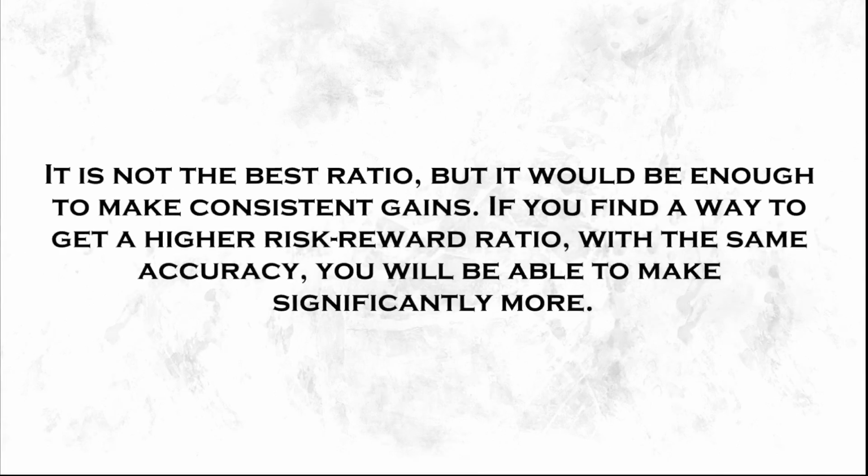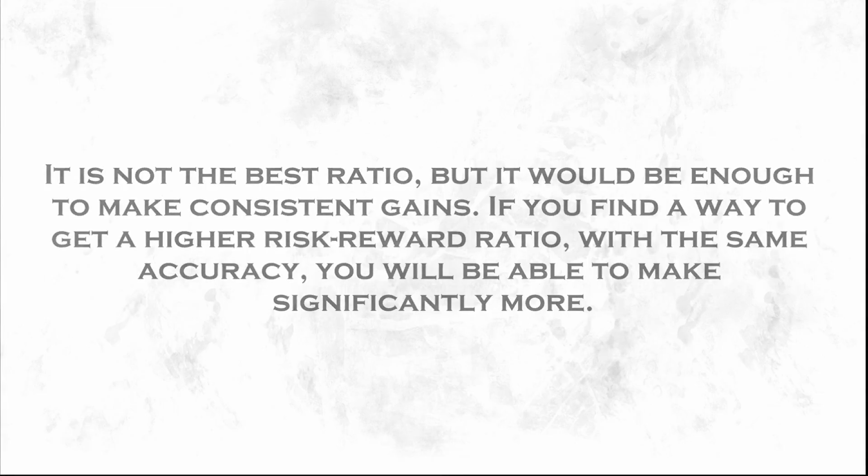It is not the best ratio, but it would be enough to make consistent gains. If you find a way to get a higher risk-reward ratio with the same accuracy, you will be able to make significantly more. I will go into detail about that in a second.